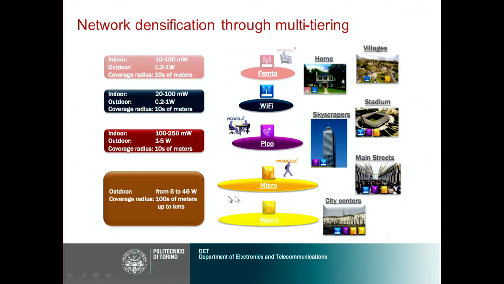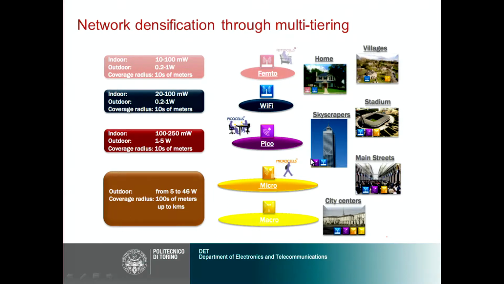But in larger areas, like shopping malls, for example, you may have picocells. In this case, the indoor power is up to 250 milliwatts. And then, of course, outdoors, that's tens of watts, and these are for micro and macro cells.